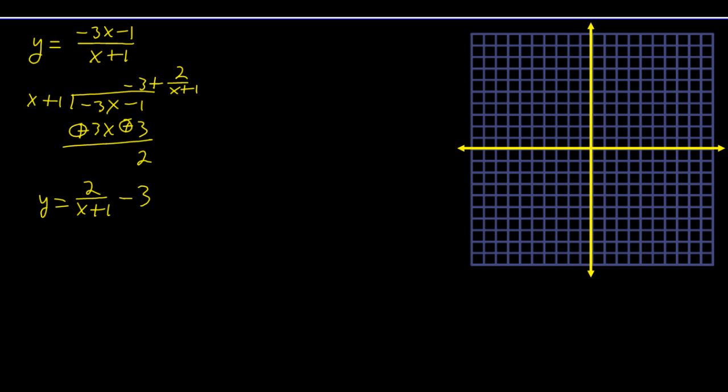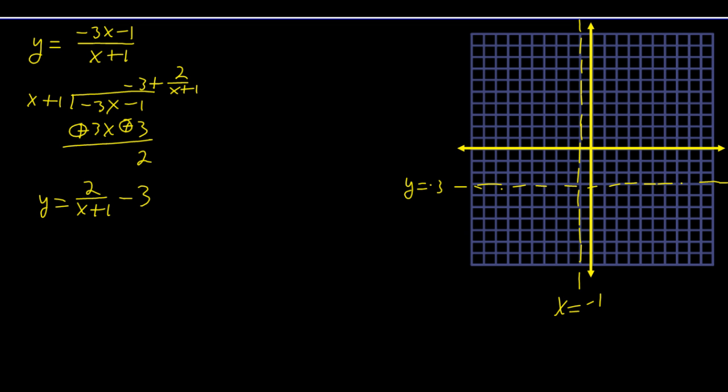I see my horizontal asymptote is at y equals -3. I see my vertical asymptote is at x equals -1. I'm going to translate my points.